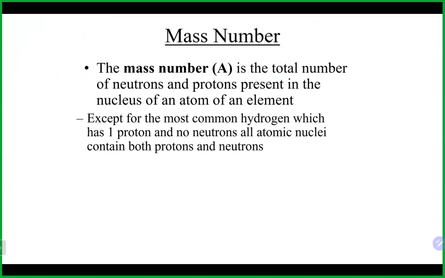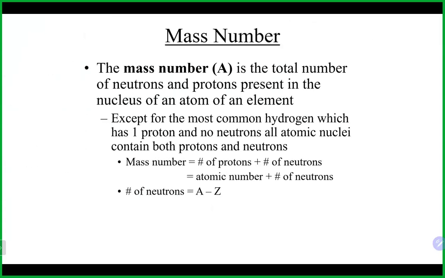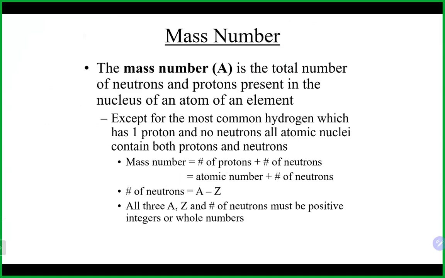Now the mass number is sometimes abbreviated with an A, and the mass number is the total number of protons plus the total number of neutrons there are in an atom.